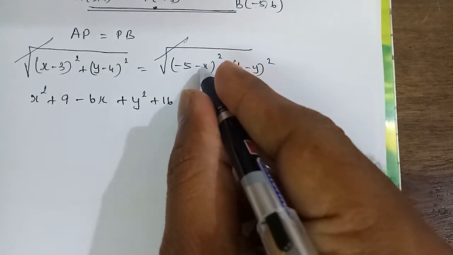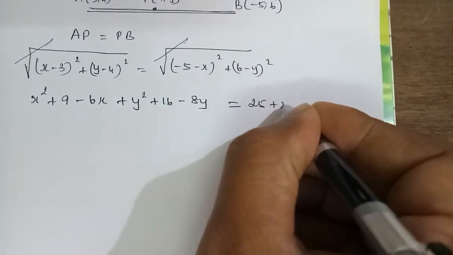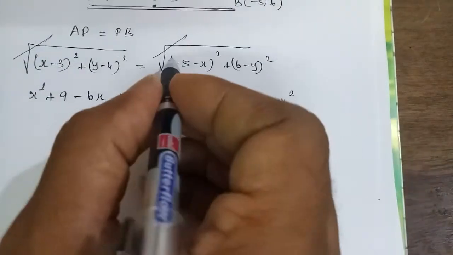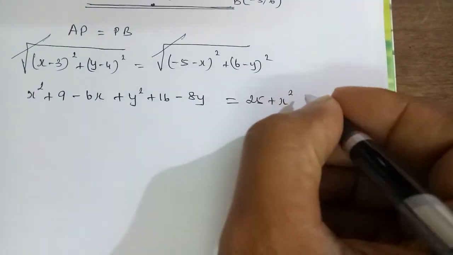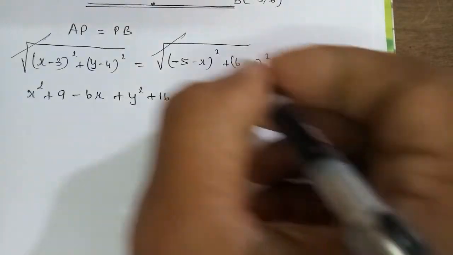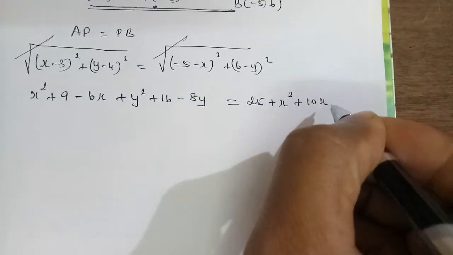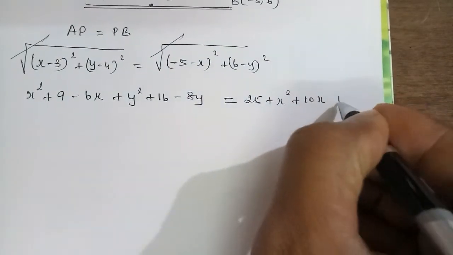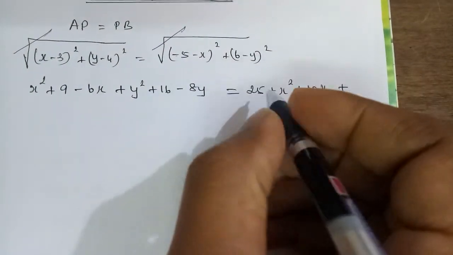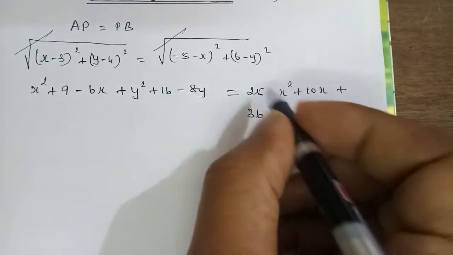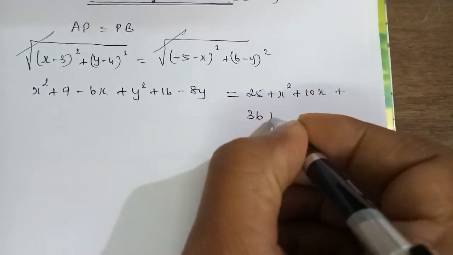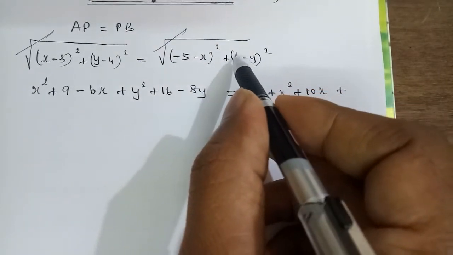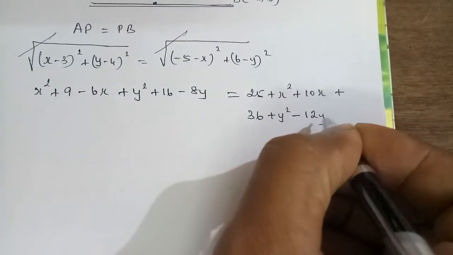Then minus x squared gives x square. Then 2ab, minus and minus is plus, so plus 2ab, 5 2s are 10x. Then plus 6 6s are 36, y square, minus 2ab, so 6 2s are 12y.